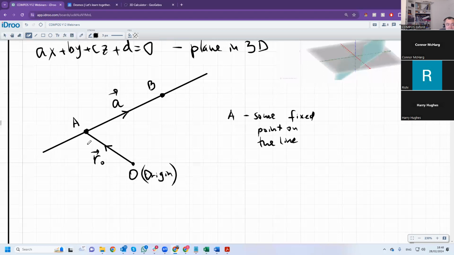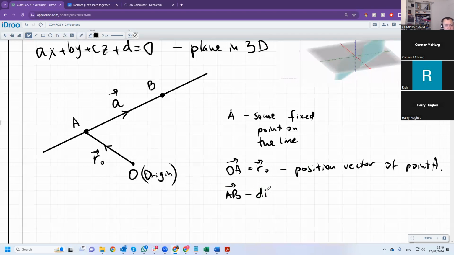Vector OA is R0, the position vector of point A. AB is the direction vector of the line.